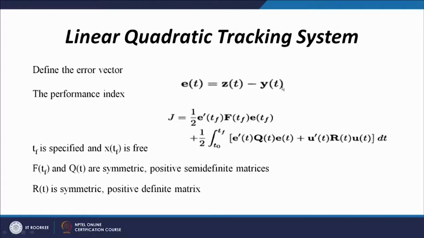Now, the next question is what should be my performance index. As we said, my desired output is z t and the actual output is y t. So I can define my error as z t minus y t.